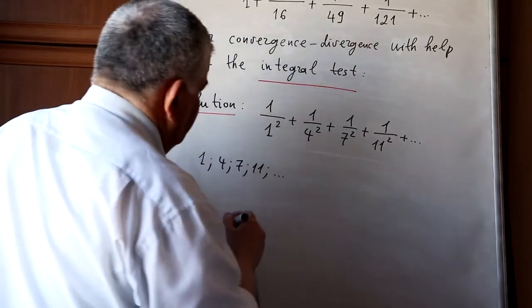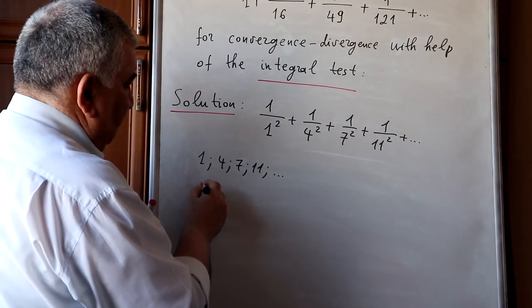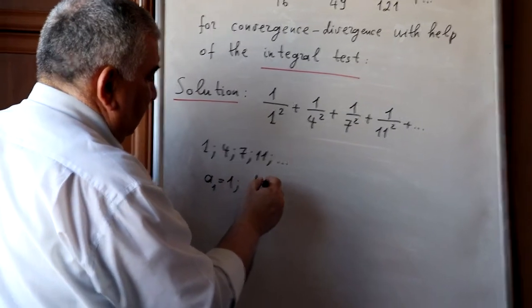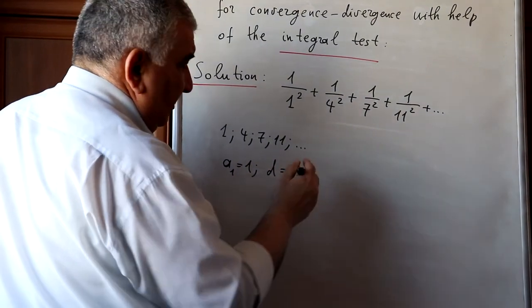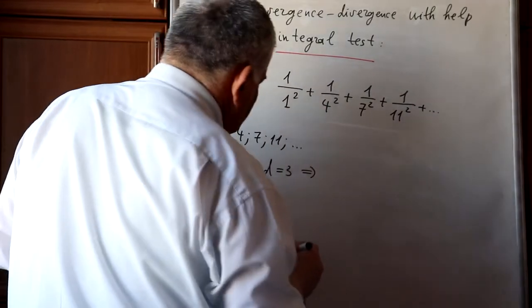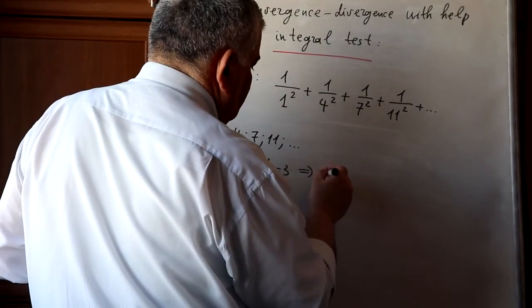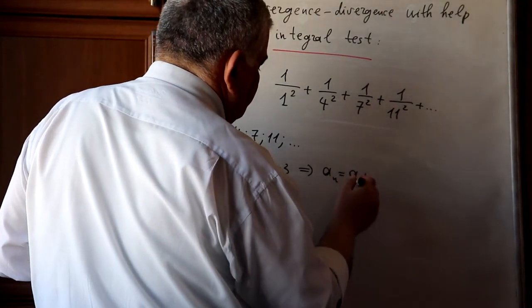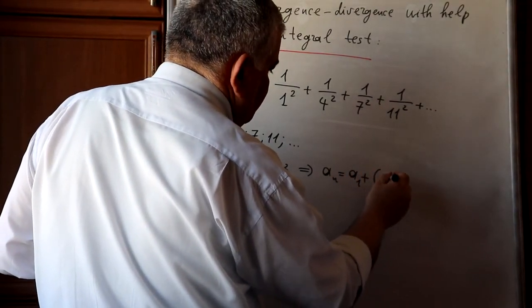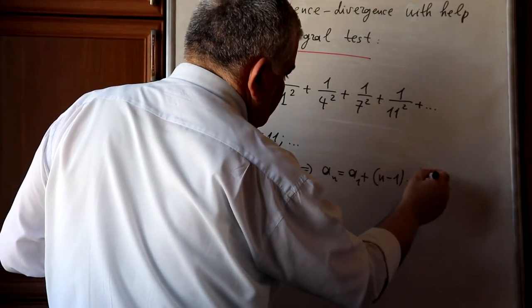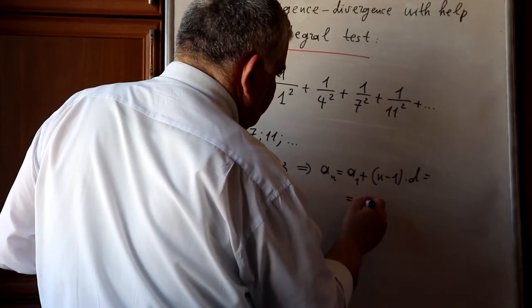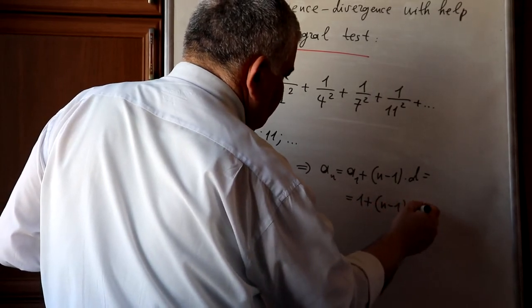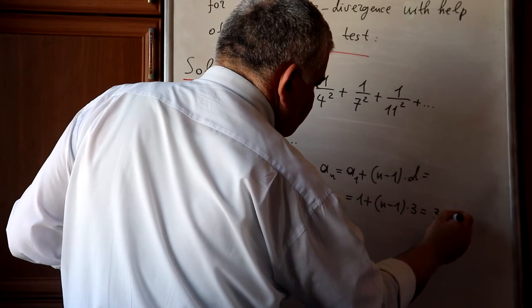Here first term is 1, and the common difference is 3. Then find the general formula: a sub n is a1 plus n minus 1 multiplied by d, equal to 1 plus n minus 1 multiplied by 3 equals 3n minus 2.